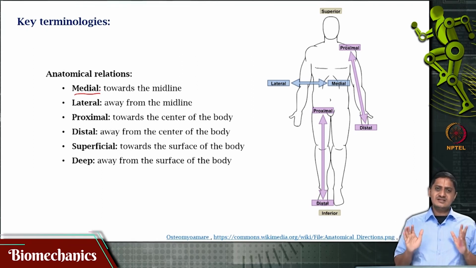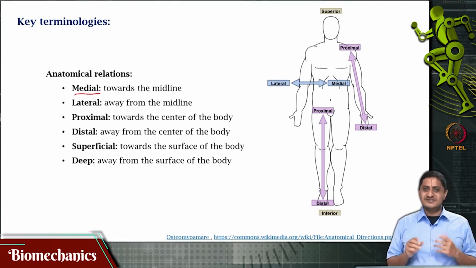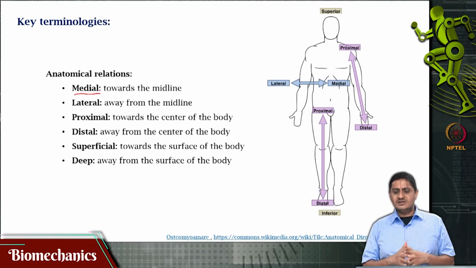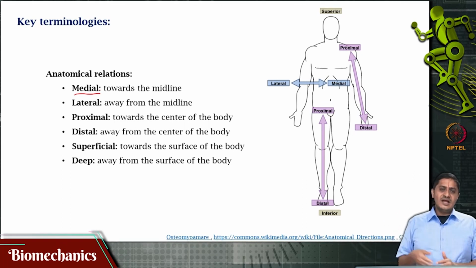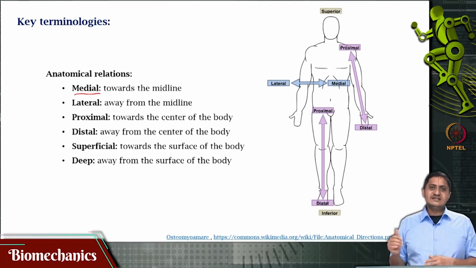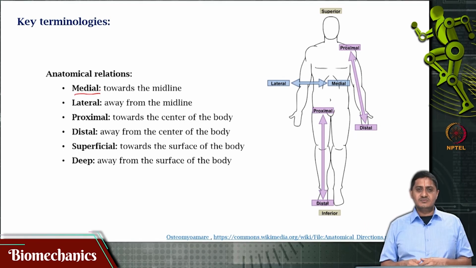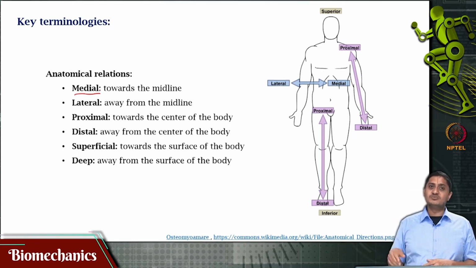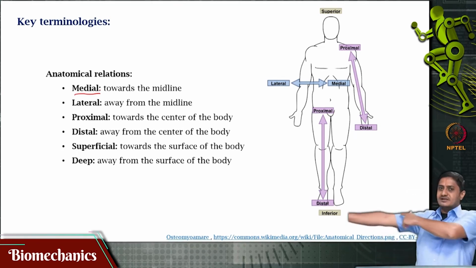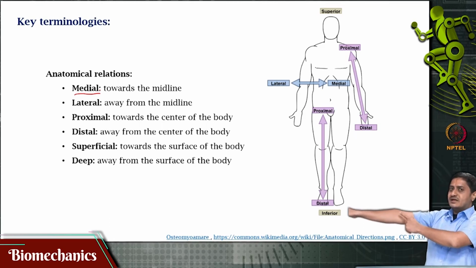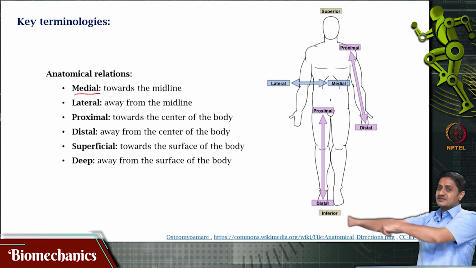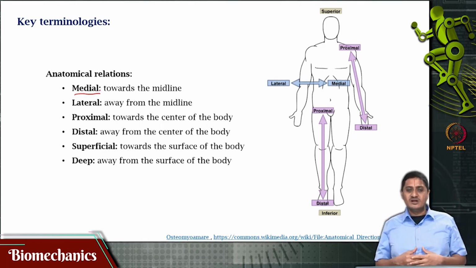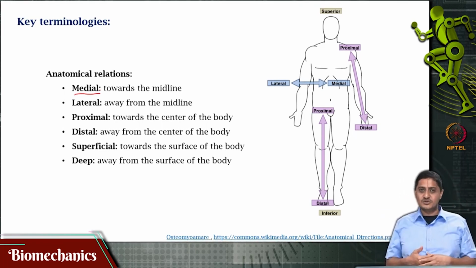Note that this is a relative reference term. Now, let us look at the shoulder, elbow and the wrist joints. The elbow joint is distal to the shoulder joint, but when compared with the wrist joint, it is more proximal. When I am keeping like this, the elbow is more proximal when compared with the wrist, but it is more distal when compared with the shoulder.